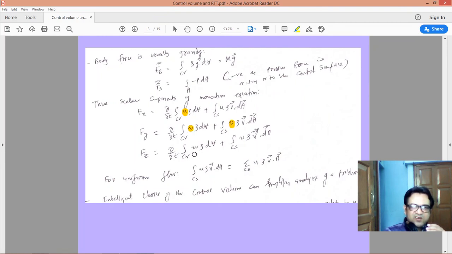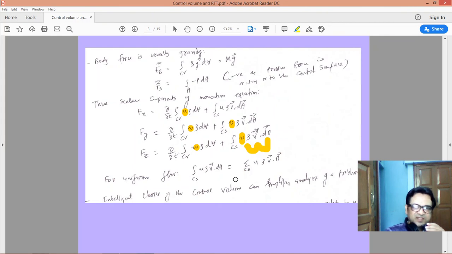Similarly for the z momentum equation, you replace it by the z component of the velocity. Sorry, this is w, it is wrong. So w rho V dot dA. If it is uniform flow, then the surface integrals will be the summation. But the choice of a control volume is very important in the analysis of a fluid flow problem.